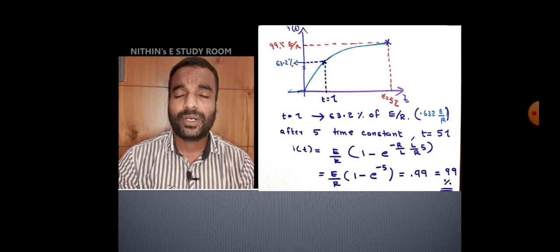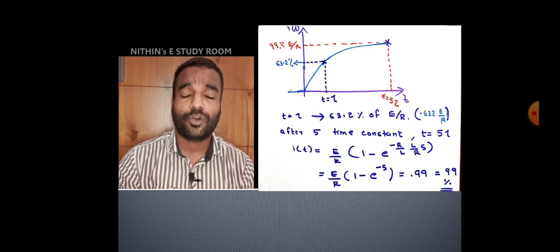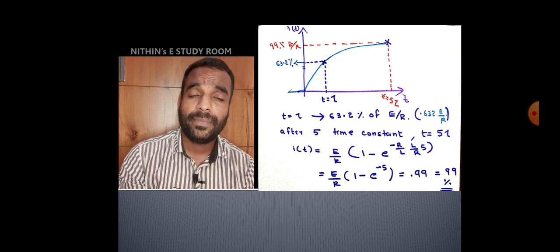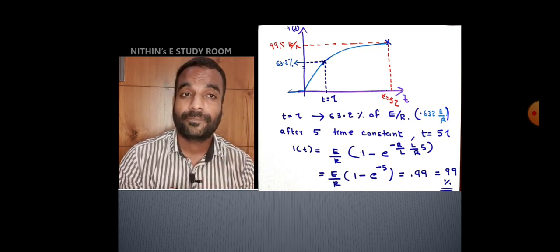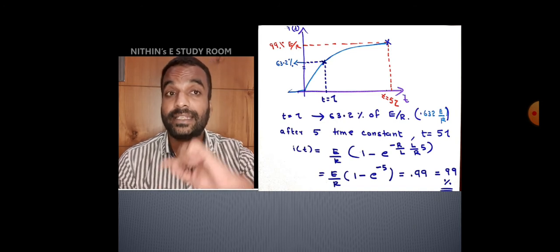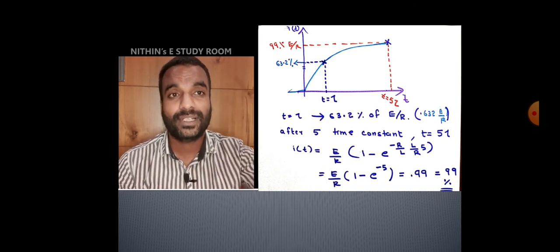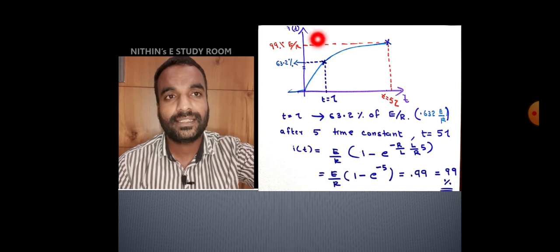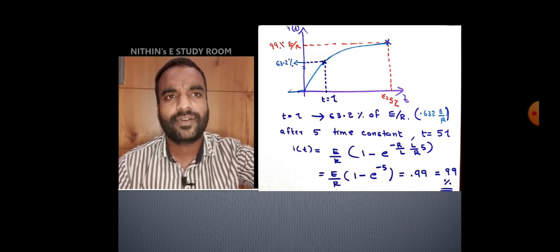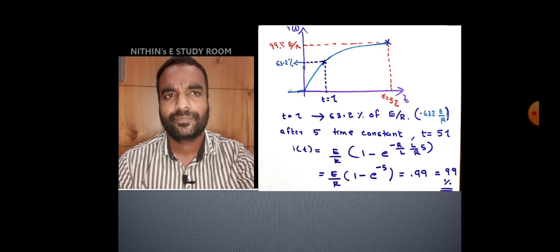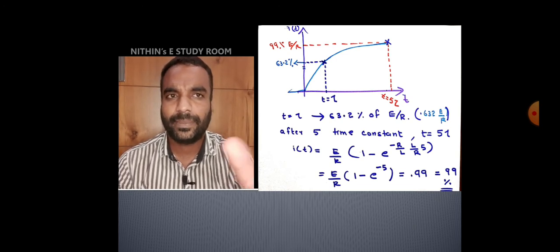So what is the case? When you are observing for a time equal to 5 tau, its output current reaches 99% of its final value. You can see the orange line is equal to 99% of the final value. So the final value will be just above it. I didn't mention the E by R value.